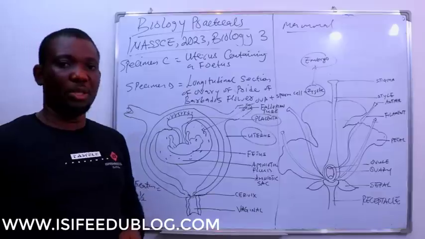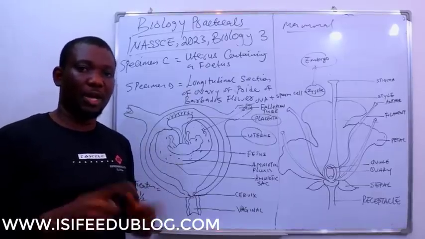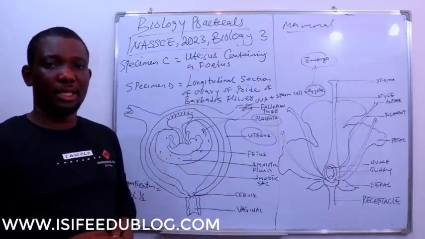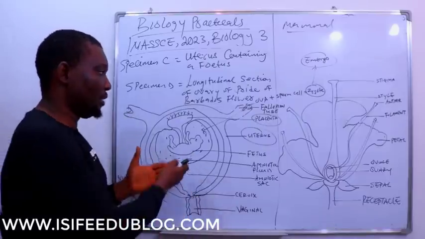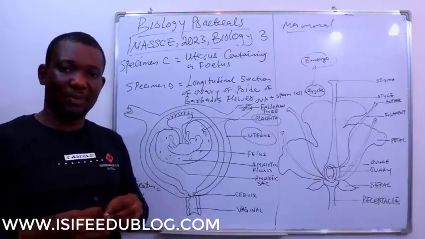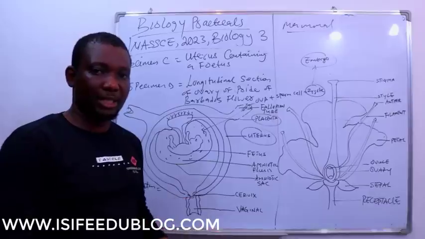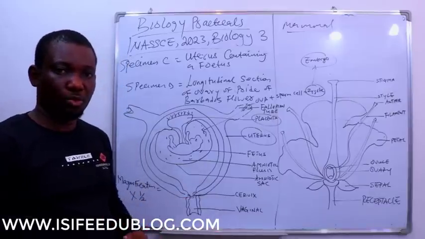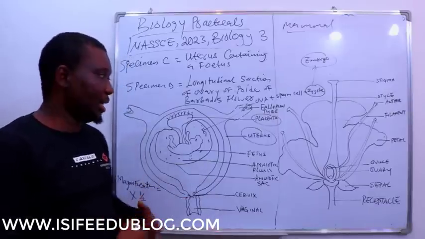But the only difference between that of the fowl and that of specimen C, which is what we have on the board here, is that in specimen C the fertilized eggs were not laid. Here they give birth, and eggs are not laid.